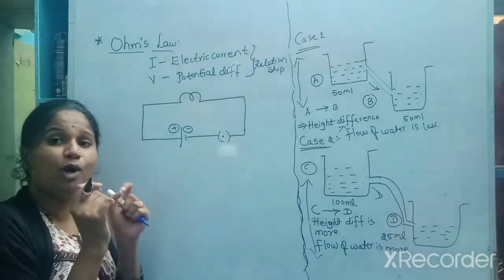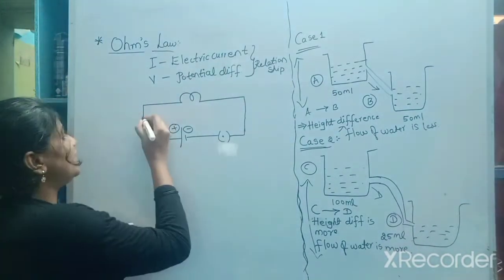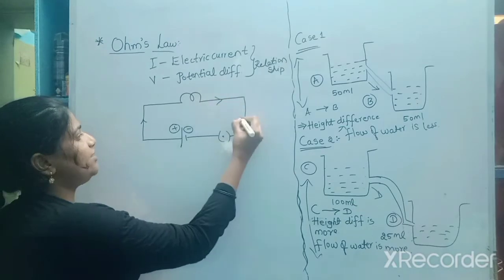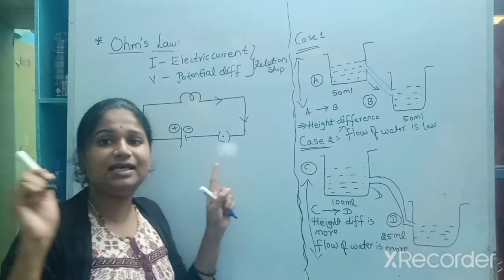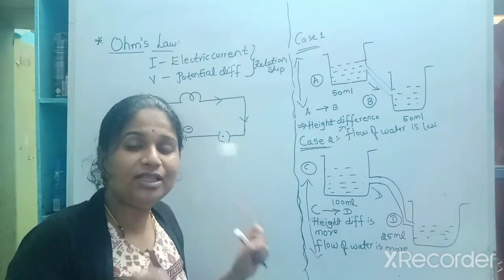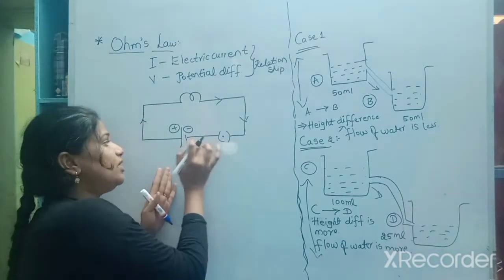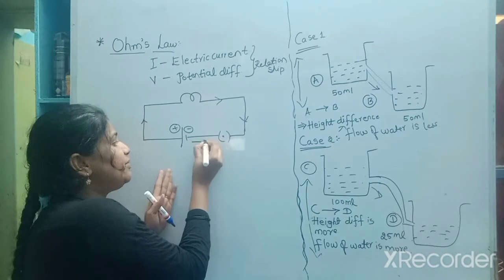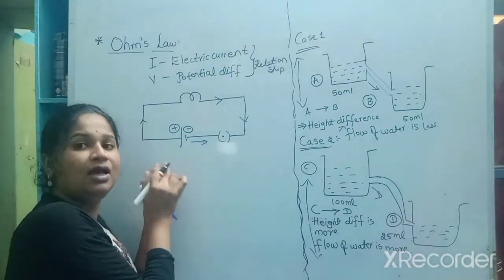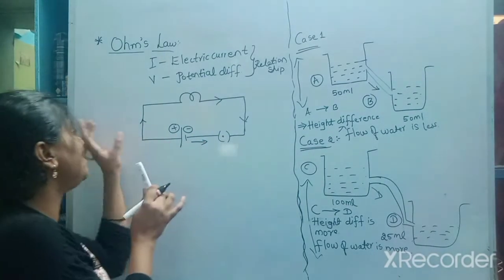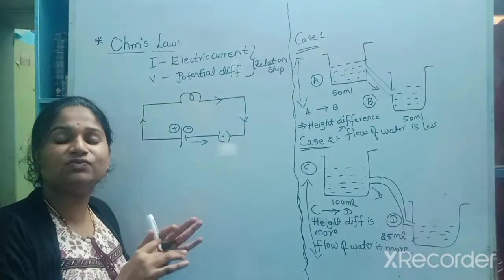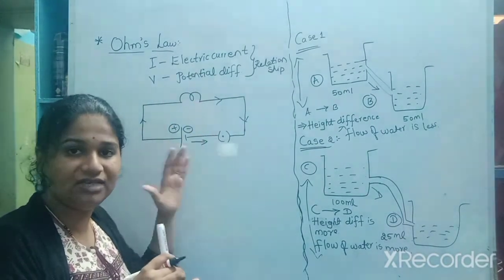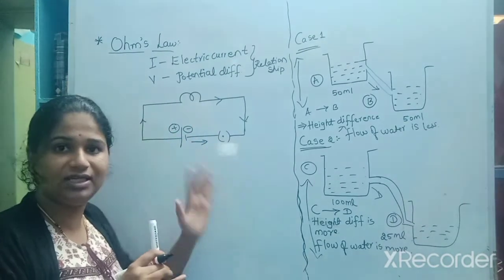The flow of current will be from positive terminal to negative terminal, as we discussed in the previous sessions. Even though the flow of electrons is from negative terminal to positive terminal, the flow of current is from positive to negative. We are taking it conventionally.